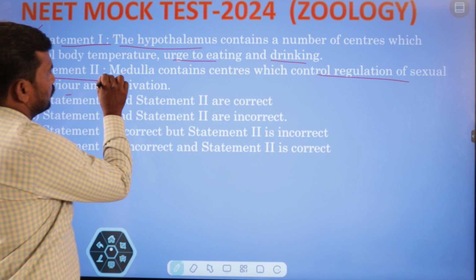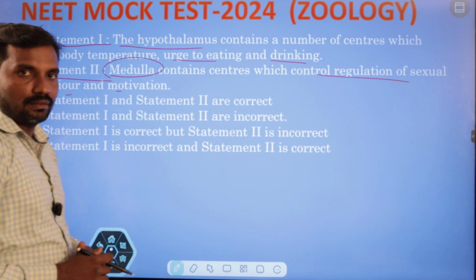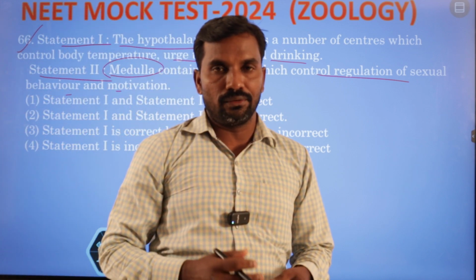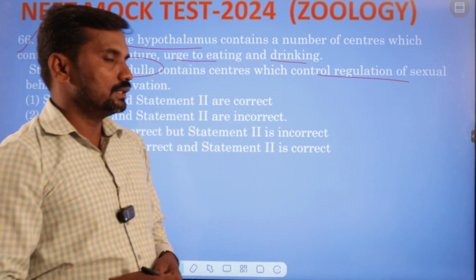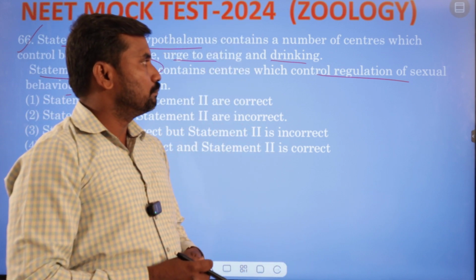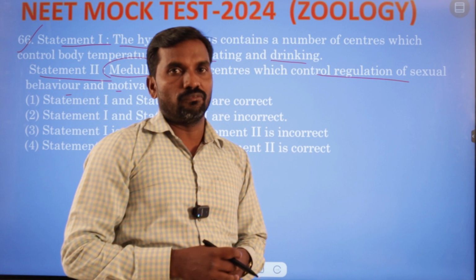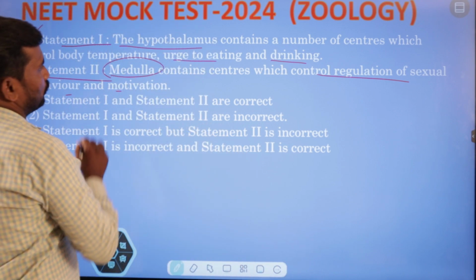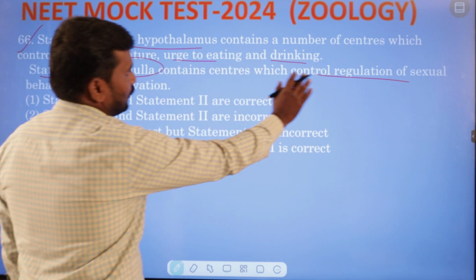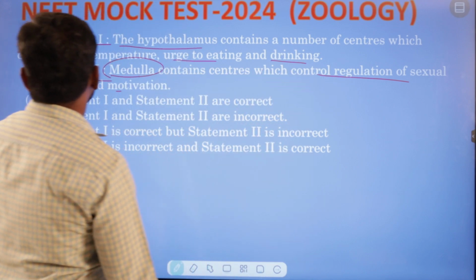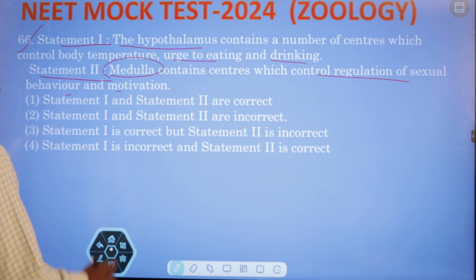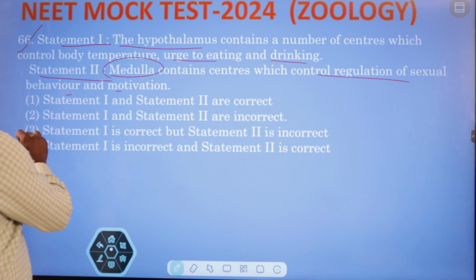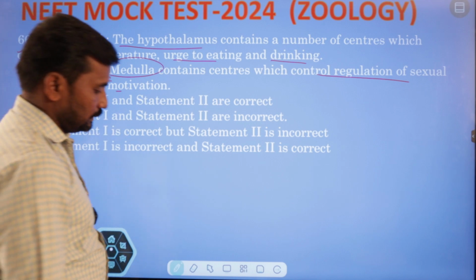The statement refers to the medulla, which is a part of the hindbrain, otherwise called the rhombencephalon: pons, medulla oblongata and cerebellum. The cerebellum is primarily responsible for controlling posture and movement. The medulla does not directly control sexual behavior and motivation. So statement 1 is correct and statement 2 is incorrect.